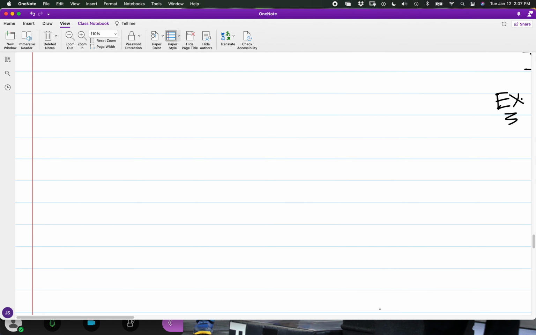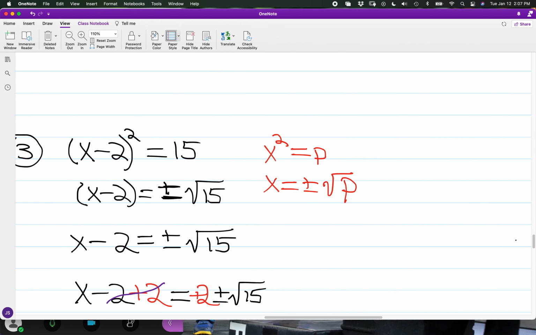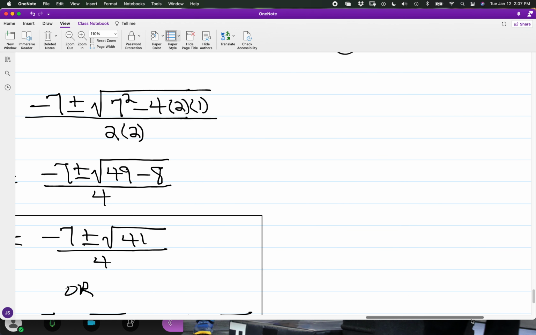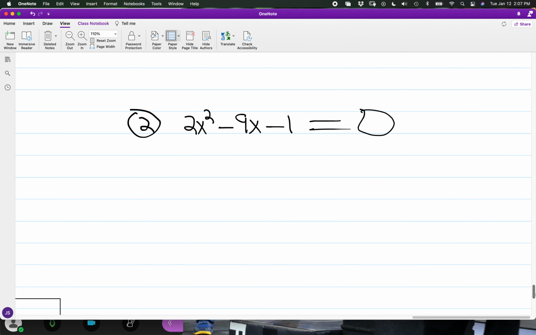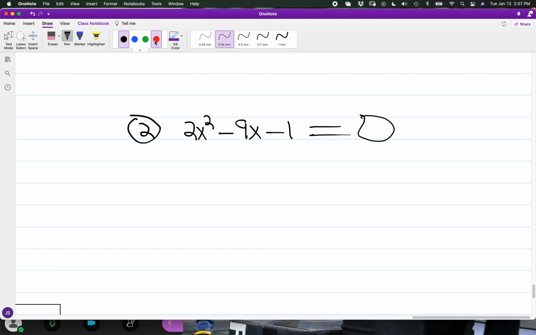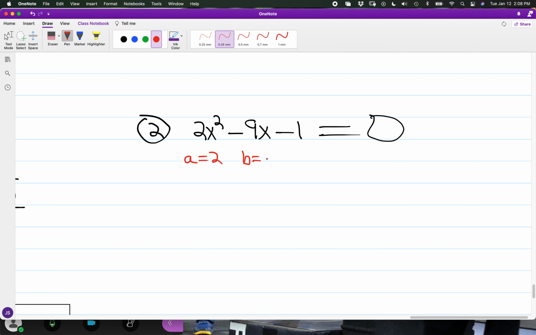So just looking at what we have here: 2x squared minus 9x minus 1 is equal to 0. Once again, a is 2. From negative 9x, the coefficient b is going to be negative 9. And for c, this is going to be negative 1.